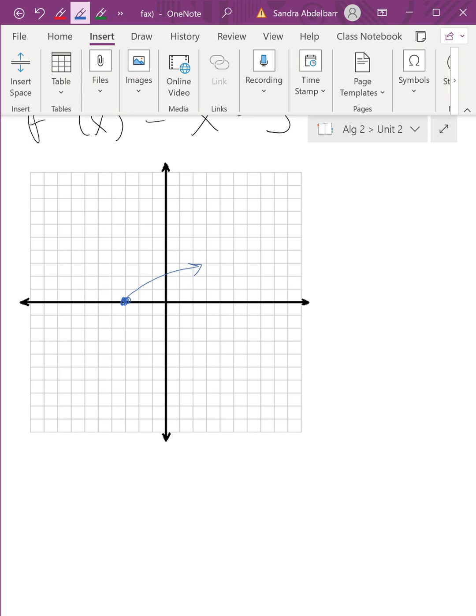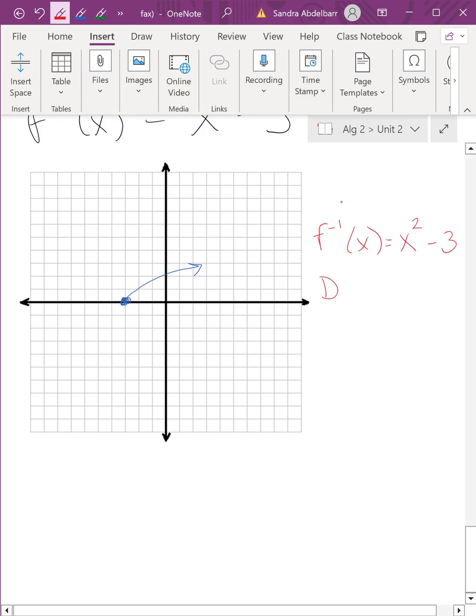All right, so then we had the inverse, and the inverse was f negative 1 of x equals x squared minus 3, but the domain was, do we remember what it was?